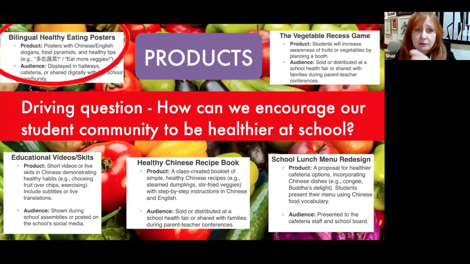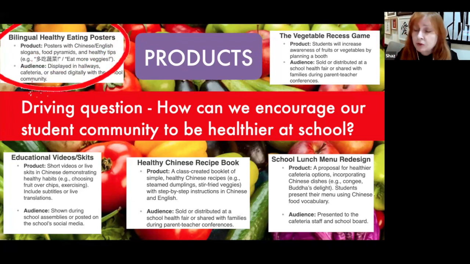So you can see here the first one is some students might suggest making posters about the food pyramids or about eat more vegetables. And these would be displayed not in their classroom, but in the hallways, in the cafeteria, and maybe even on the school website. So it's a global audience.